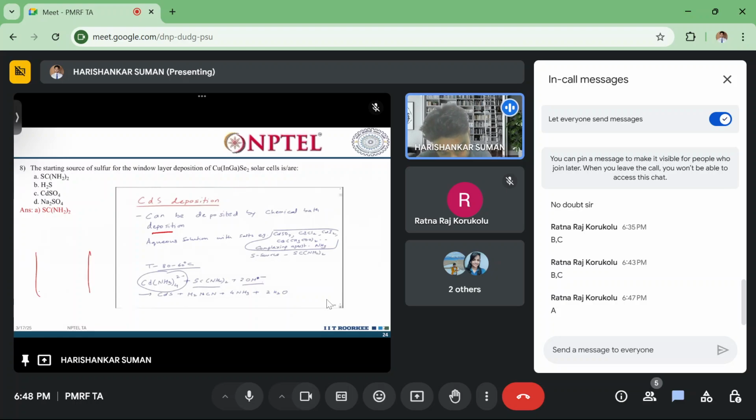You know chemical bath deposition: chemicals are filled in the beaker and the substrate is dipped in the chemical bath, like a technique with an aqueous solution. So you can see the source is the option.